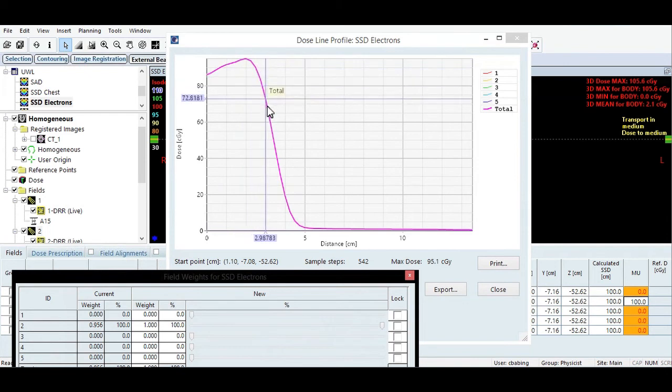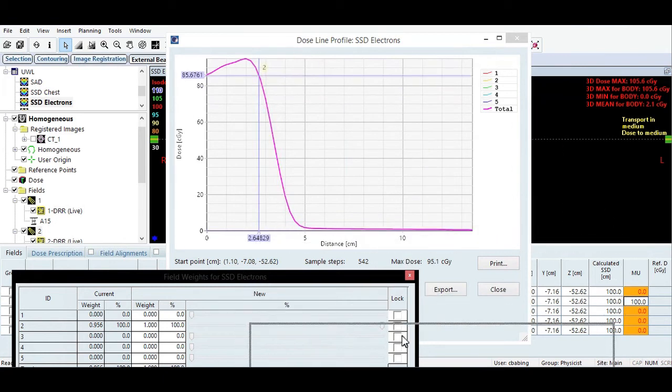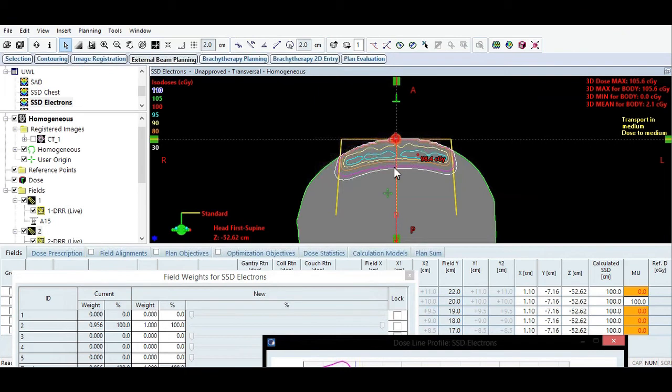And then my steep slope, if I trace the tangent line down, is 4.5 as my practical range, which is 9 divided by 2. After that, I get a Bremsstrahlung tail right around 1%. If I look at the isodose lines, you can see that I'm deeper in the patient.